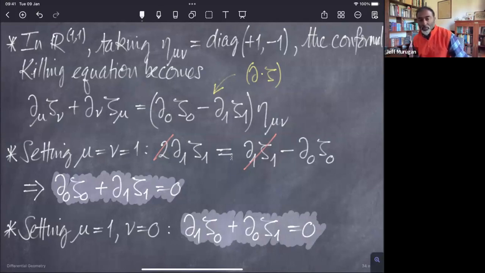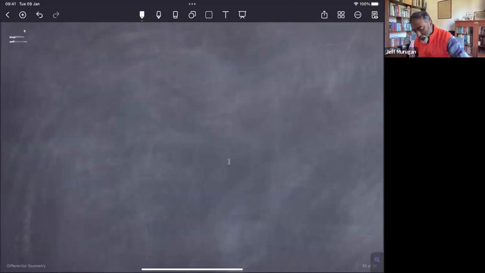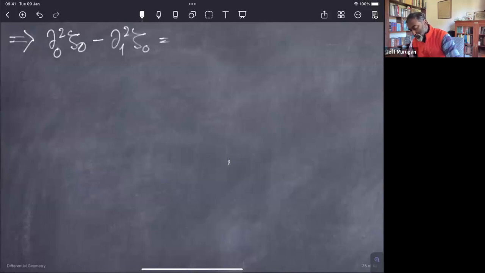So if I do that, I'll find that if I differentiate the first one with respect to d0, let's label these guys 1 and 2, and then the second one with respect to d1, and then I subtract, I find that the following is true. d0 squared zeta naught minus d1 squared zeta naught is equal to 0.